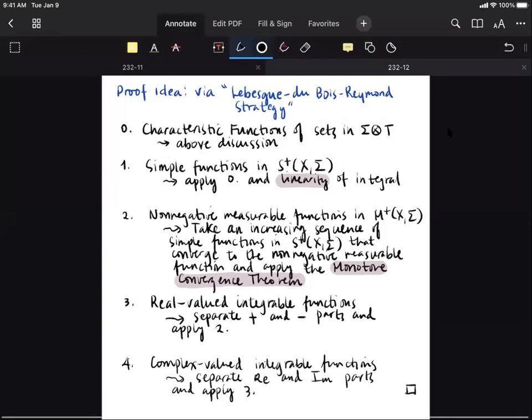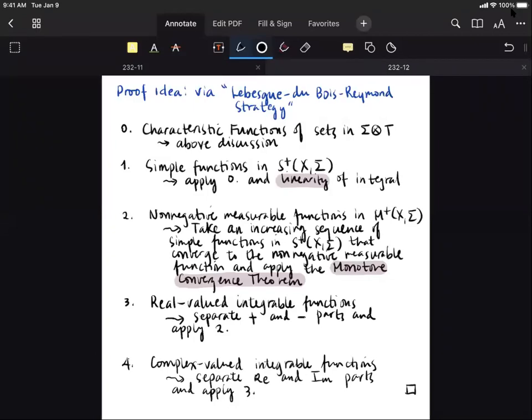So basically, this strategy follows from our development of the Lebesgue integral. So from simple functions to non-negative measurable functions to real valued functions, and then finally for complex valued integrable functions. So the crucial step here is step 0, where we need to verify the theorem in the case of characteristic functions defined on sets in the product sigma algebra.